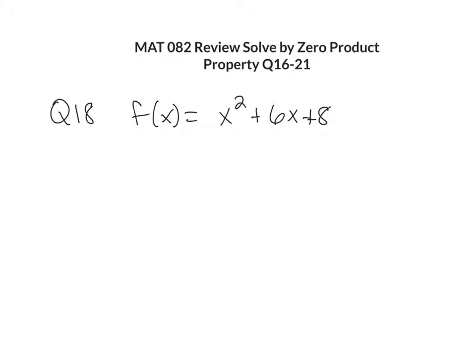Question 18. What two numbers can we multiply together to get 8? Since both of the signs for 6 and 8 are positive, they're both going to be positive numbers, so my choices are 1 and 8, and 2 and 4. 2 and 4 will give me the 6 when I add them together. So those are going to be my options. So I'm going to have x plus 2, x plus 4.